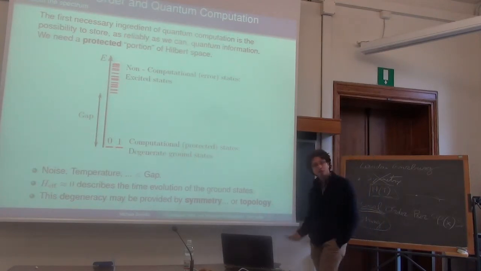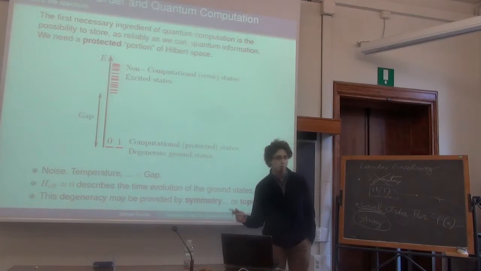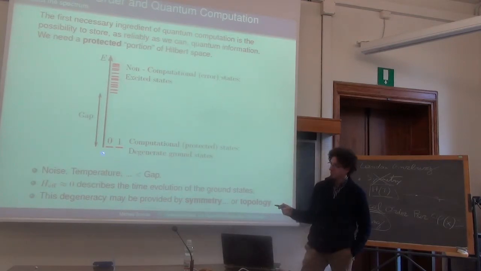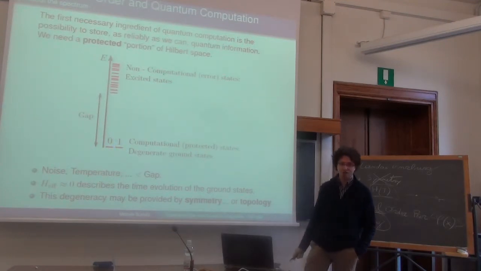The second level of protection that you want to acquire when you engineer a quantum memory is meant to avoid unwanted transitions from the states inside the protected space. So you don't want to have noise or operators acting on your system in an unpredictable way, which may allow a tunneling from the state 0 to the state 1.